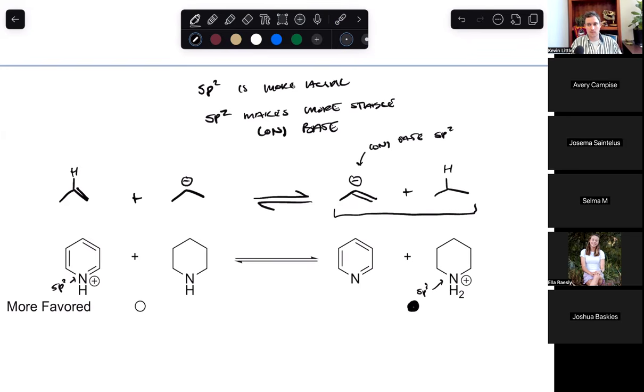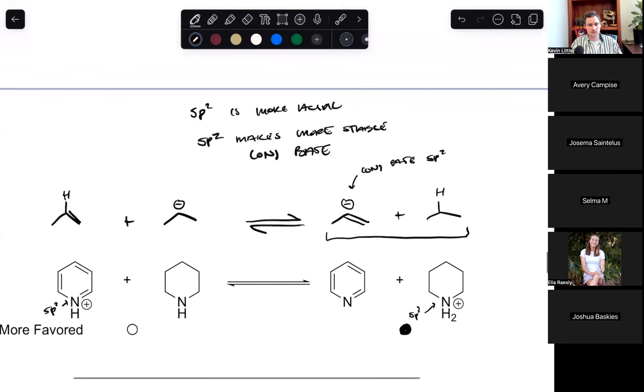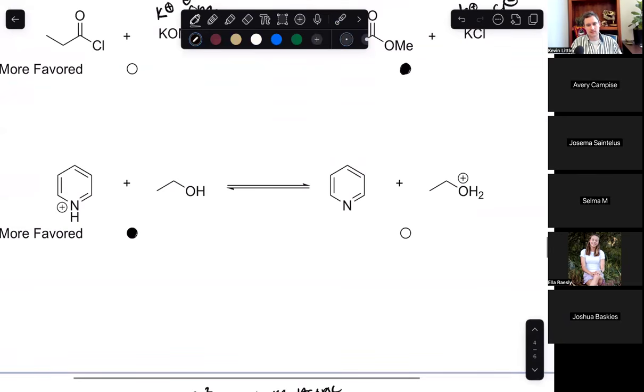So is it more important to look for the negative charge, like the conjugate base? Yes. Sometimes a positive charge is easy, right? It's easy for me to compare a nitrogen to an oxygen, right? But I can think about this in the same way. This is more basic than this, and so I'm going to favor the less basic side.